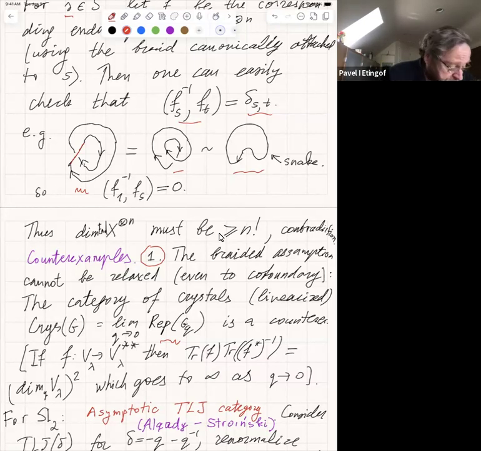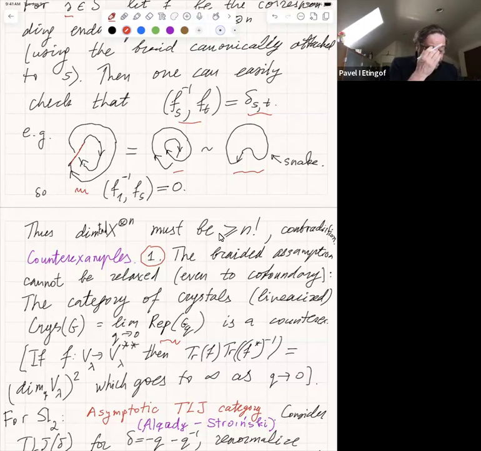To see that this category is not rigid, it's enough to consider a morphism from the representation V lambda with highest weight lambda to V lambda double star. This is unique up to scaling. Then we can define its squared norm, which is the trace of F times the trace of F star inverse.